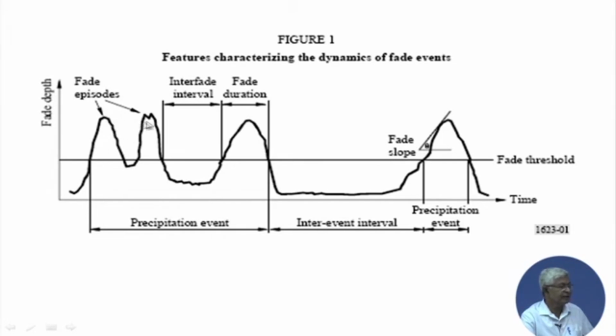These are called fade episodes, and there are certain interfade intervals. During the precipitation, there may be small breaks or a reduction of the total water content that is falling, and this duration is called fade duration when it is above a certain fade threshold. Up to this fade threshold your system is able to operate, this much attenuation it is able to take, beyond that we have to take care.